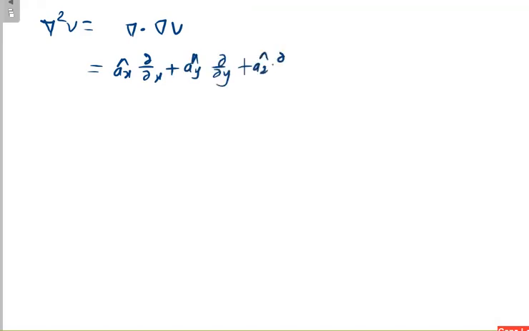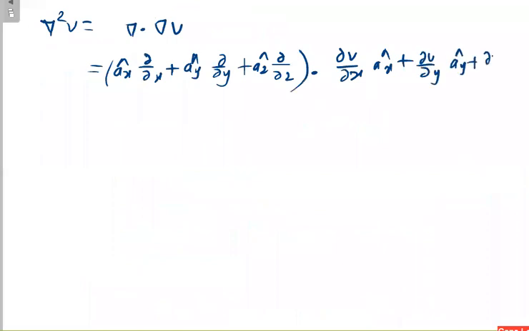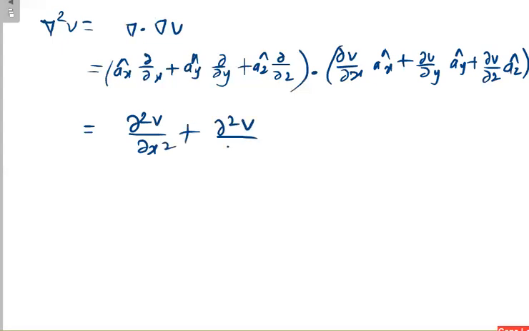Del square V is del dot del V. What is del? ax cap dou by dou x, ay cap dou by dou y, az cap dou by dou z, dot product with the gradient of the voltage function: dV by dx ax cap, dV by dy ay cap, dV by dz az cap. Once we take the dot product, we get d square V by dx square, d square V by dy square, d square V by dz square.